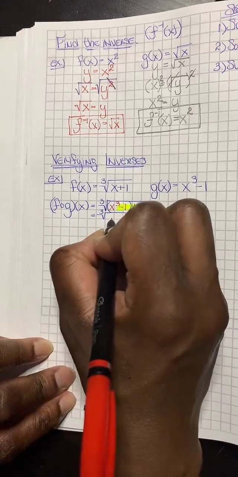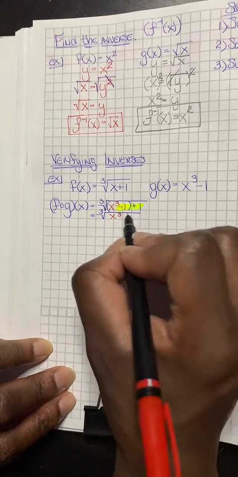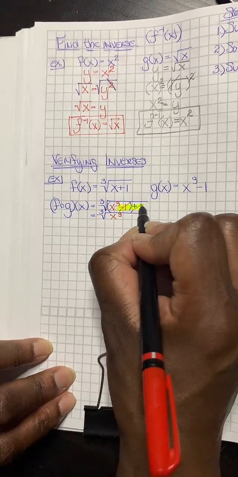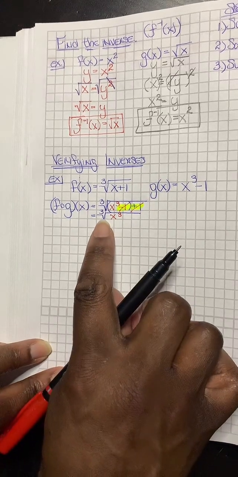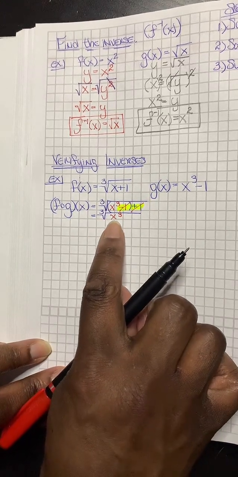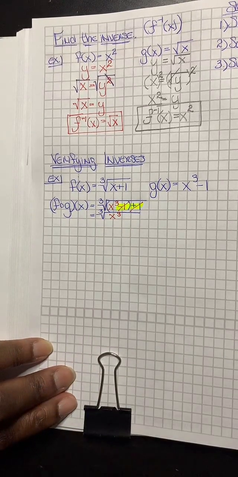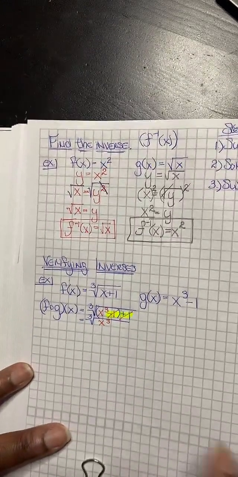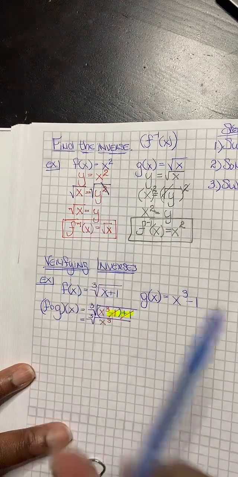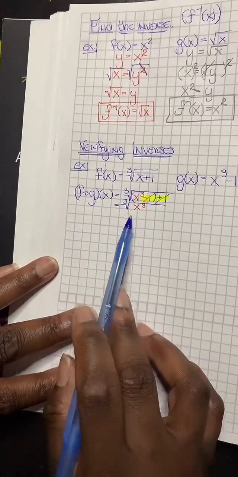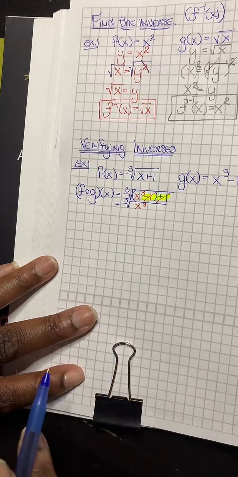Now what's left is x cubed, so now what's left is the cube root of x cubed. As I mentioned earlier, the inverse of a square is a square root. So the inverse of a cube is a cube root.